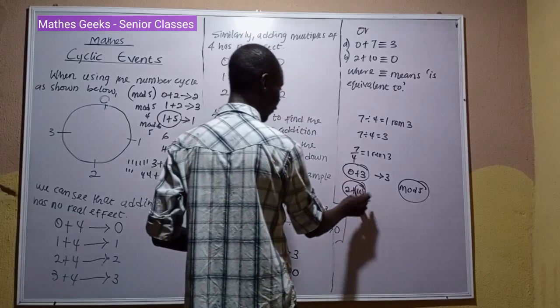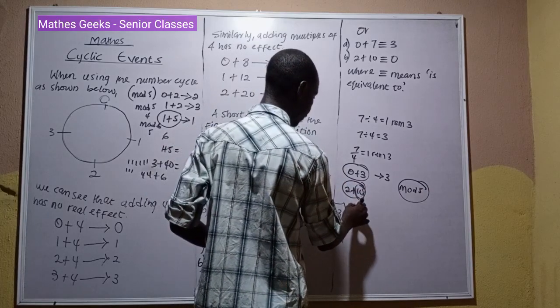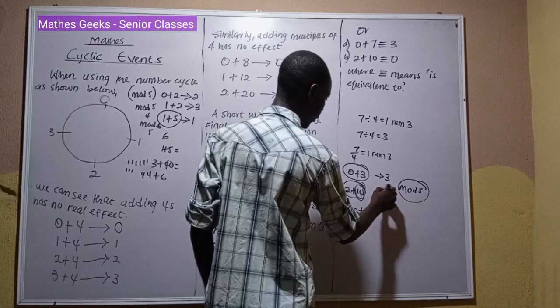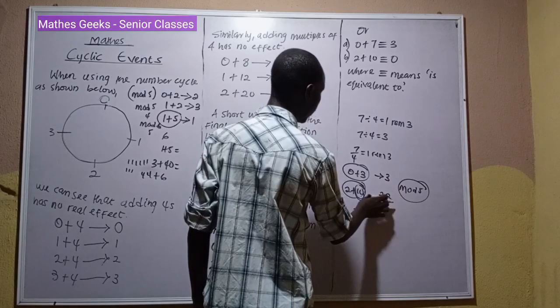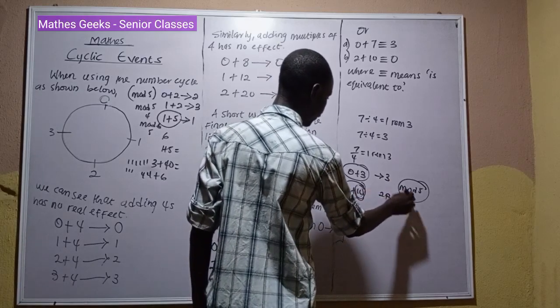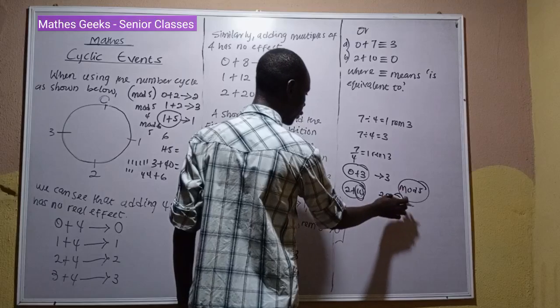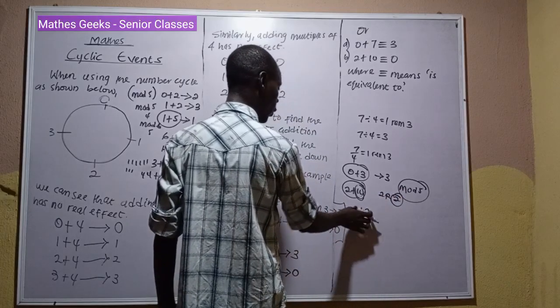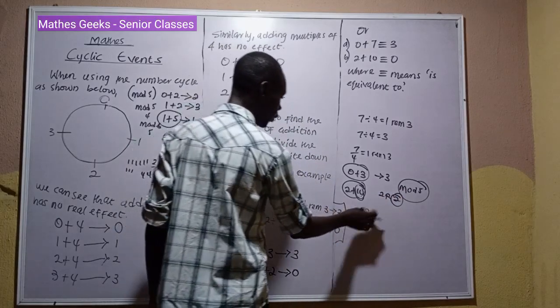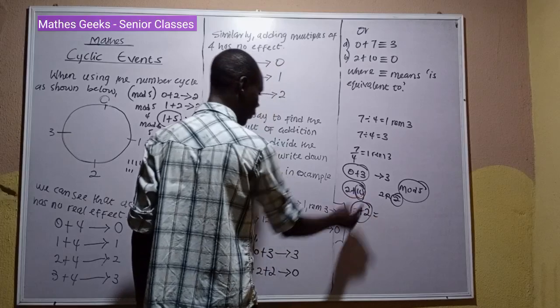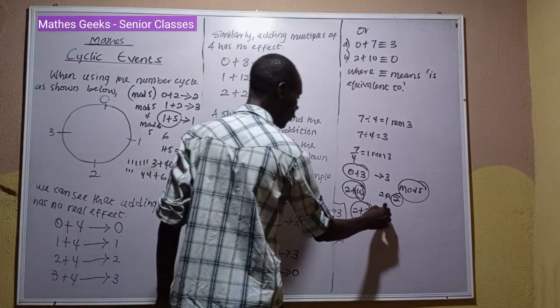So 10 divided by 4 is 2 remainder 2. 4 times 2 is 8, remainder 2. So this remainder 2 is what you are going to put here. So 2 plus 2, this is when you carry out your addition. So 2 plus 2 is equal to 4.